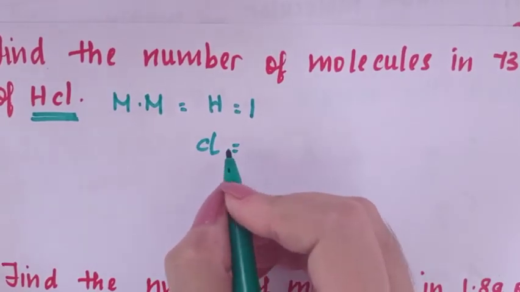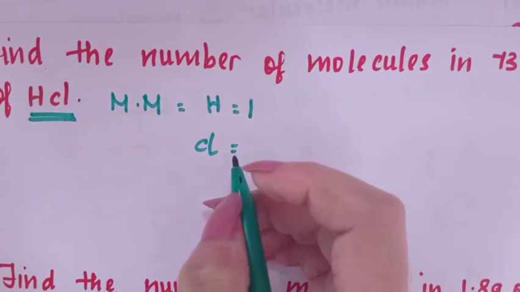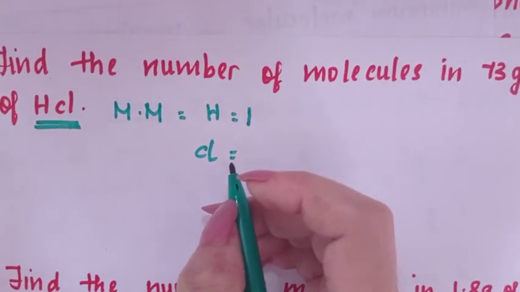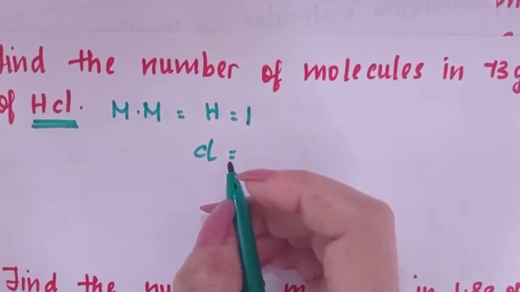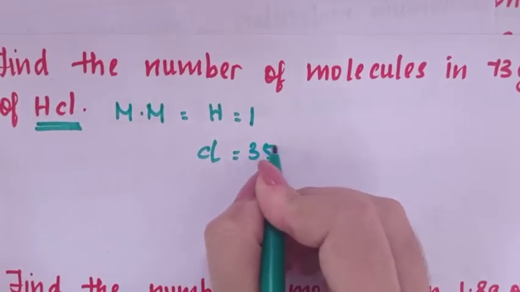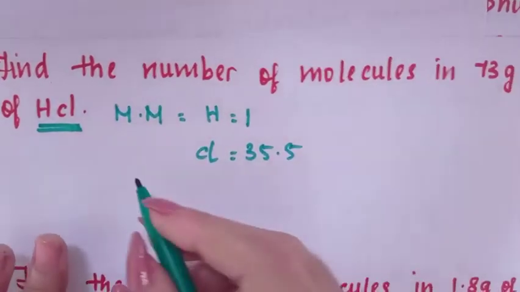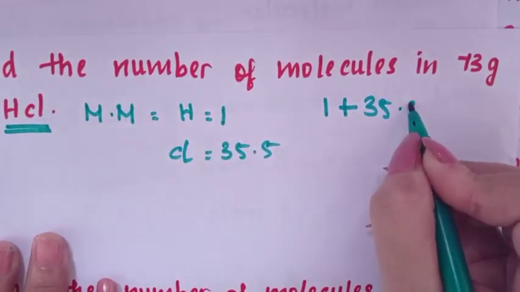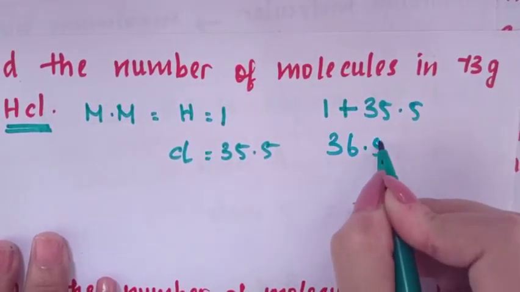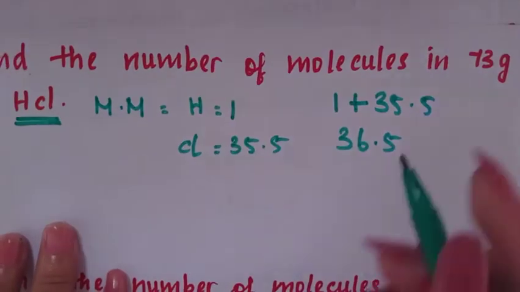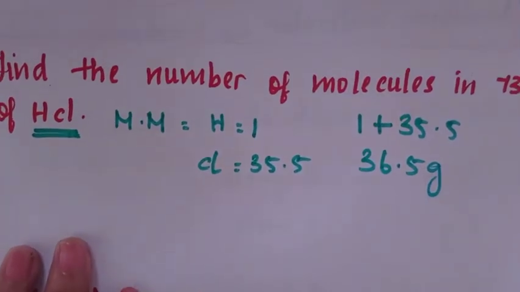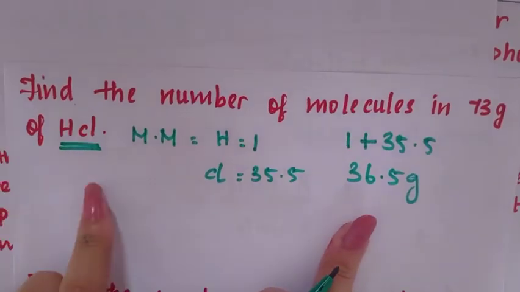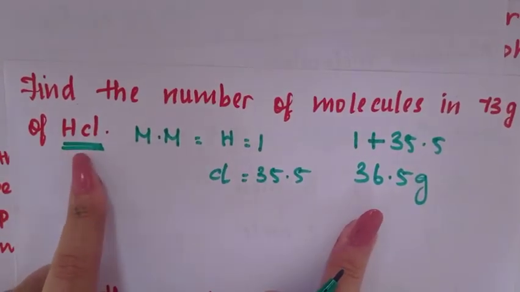Chlorine, you know it is 35.5. Okay, so HCl, that is 1 plus 35.5, you will get 36.5. So this is your molecular mass in gram, the standard molecular mass of 1 HCl.